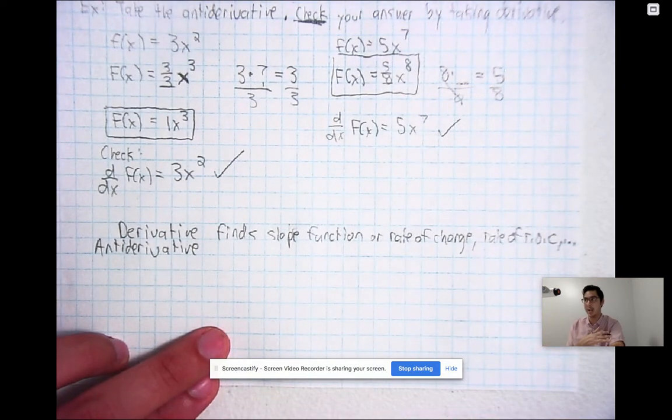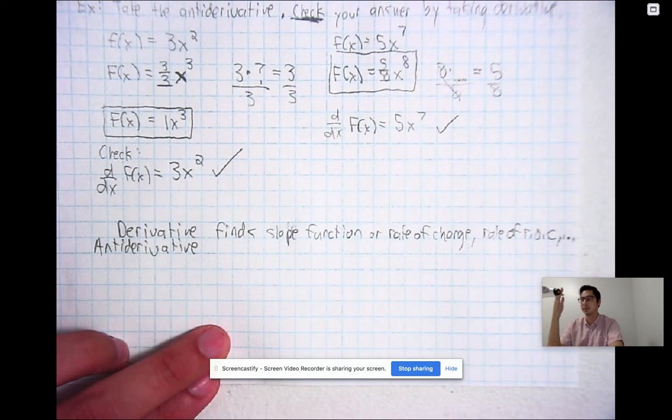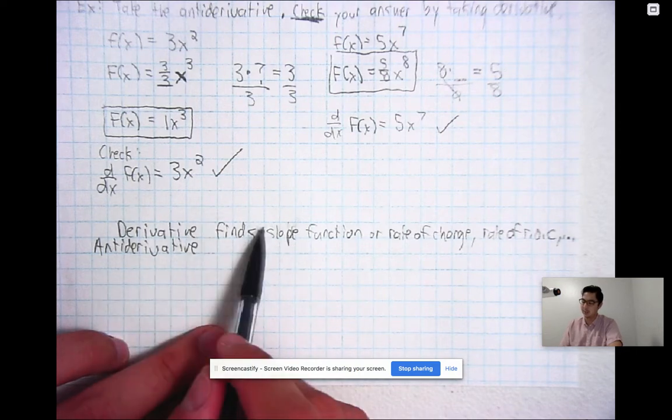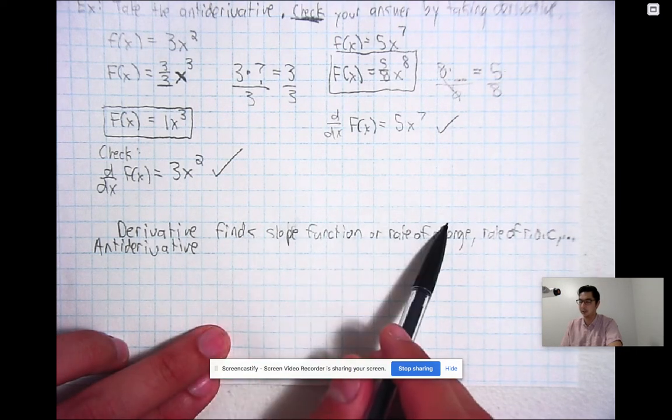Antiderivative is working backwards. So if you think about distance, velocity, and acceleration, derivatives would go from distance to velocity to acceleration.